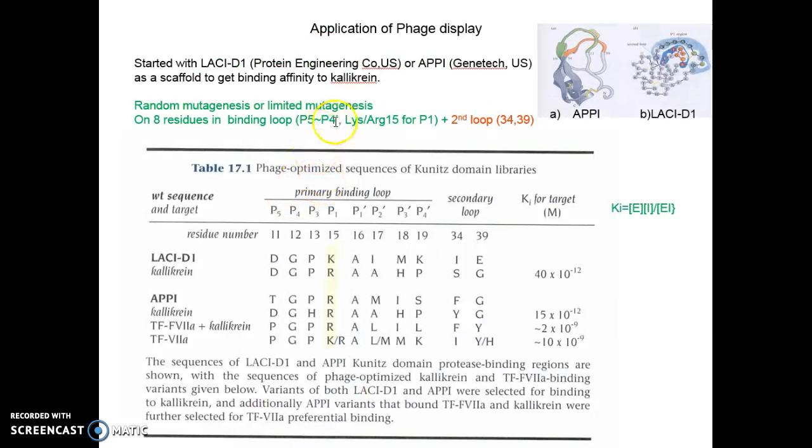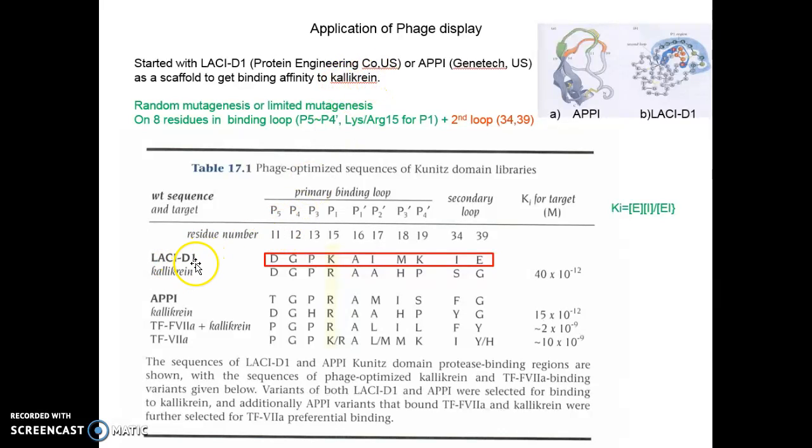Here you can see the application of phage display on Kunitz domains. Two groups started with different Kunitz domains: one, LACI-D1 by Protein Engineering Corporation in the United States, and second, APPI by Genentech. They ended up with mutagenized proteins that have a high affinity to kallikrein.